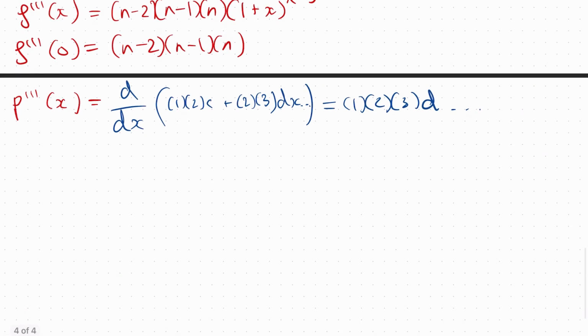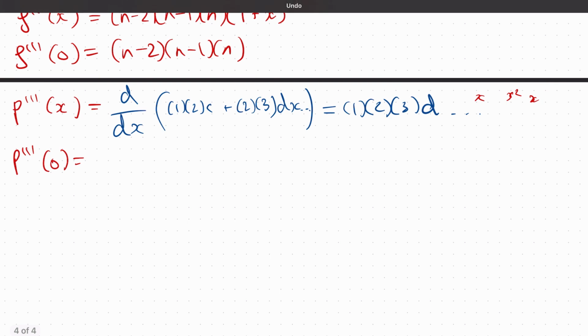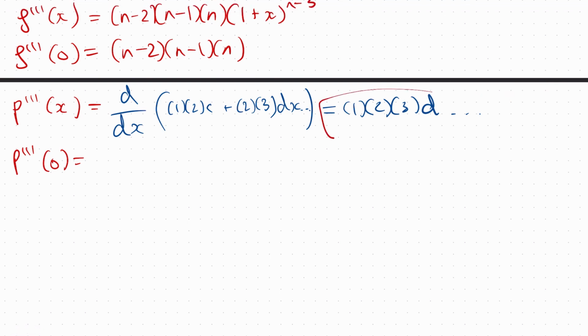So now when we evaluate this for the final time at x equals 0, you can see all these other terms will be in this kind of form, so they'll all go to 0, which means the only term which is going to have some kind of value is the d term.